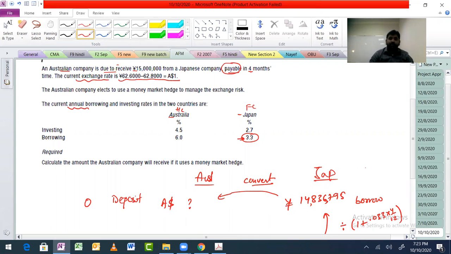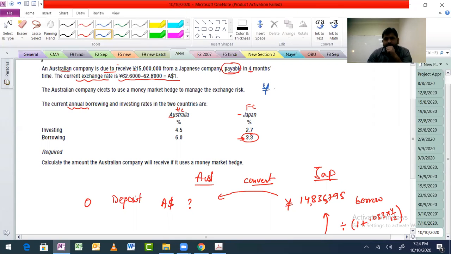Now you guys tell me how you are going to do this. We'll divide, because it's yen per Australian dollar. Okay, divide is fine.